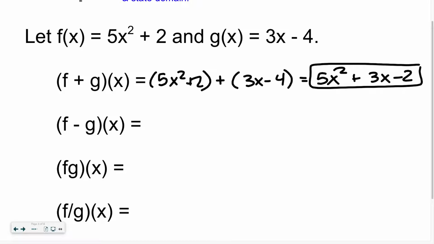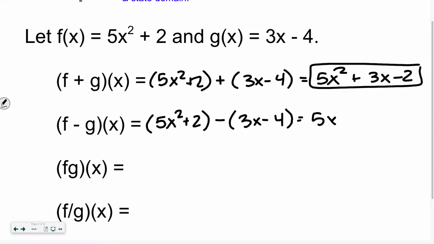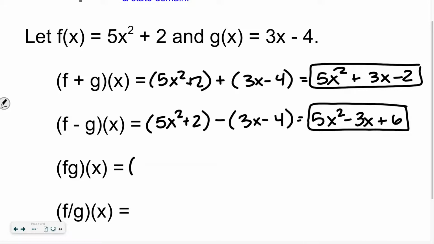You don't have to multiply like terms, you have to multiply all terms. Well, no. So that would be the 5x squared.